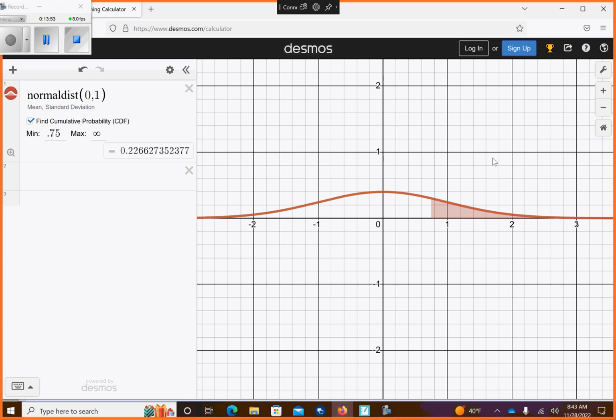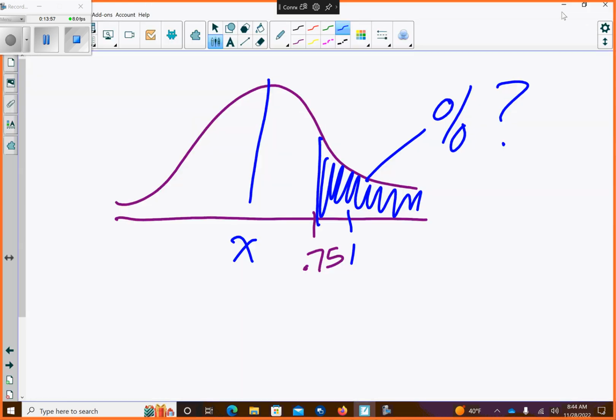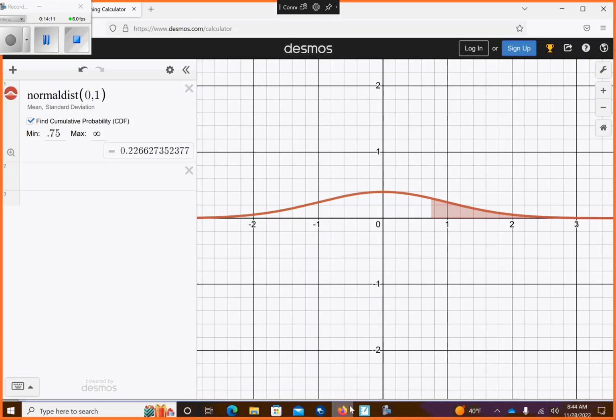Okay. So let's go back and do some notes. If I wanted to find the area underneath the curve using Desmos, what you're going to do is find the normal distribution.